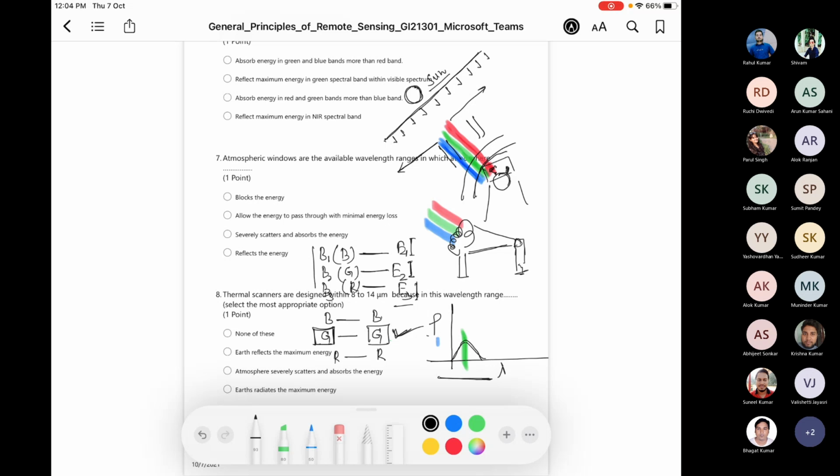So let's say if this problem is subjective in nature and you need to explain it. What is the reason behind this? All these steps you need to follow. That is expected to be there in your answer sheet. It's not like you write just one line. In the green band we have the highest reflectance. You need to draw this spectral signature.